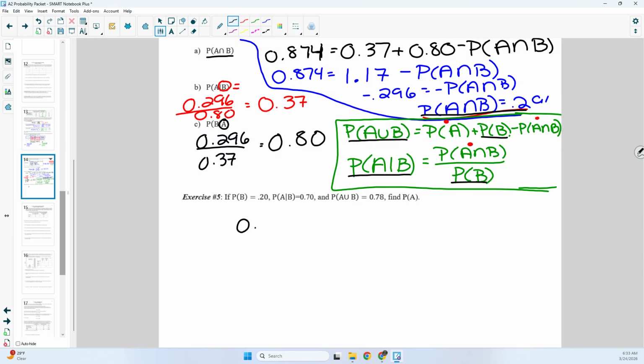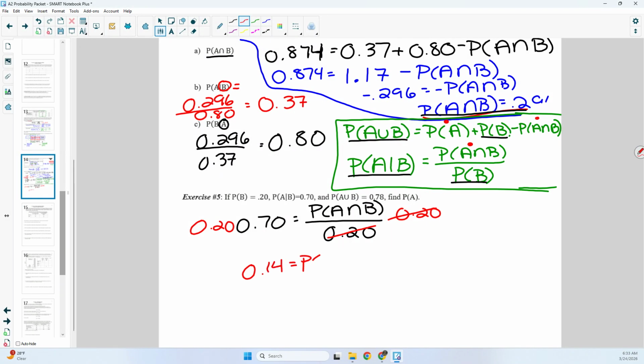So P of A given B equals P of A and B, which is something I don't know, over P of B, which is 0.20. So I am going to multiply on both sides by 0.20, cancel this out. So I get 0.14 for P of A and B.